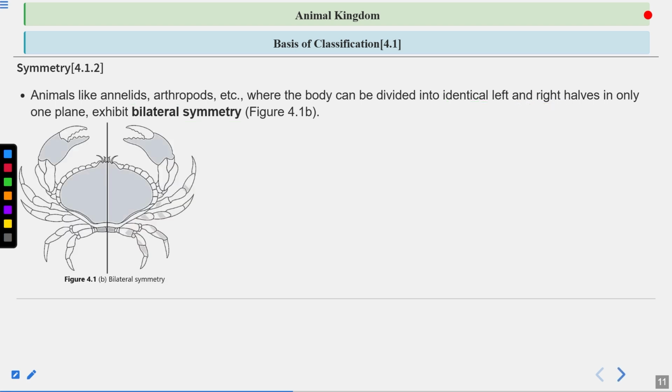This is a crab, which belongs to the phylum Arthropoda. So here what you see is the plane of the axis that passes through the center axis of the organism, and it is dividing the organism into two equal halves. See the appendages: 1, 2, 3, 4, 5 appendages, and the right side also 1, 2, 3, 4, 5. So equal appendages.